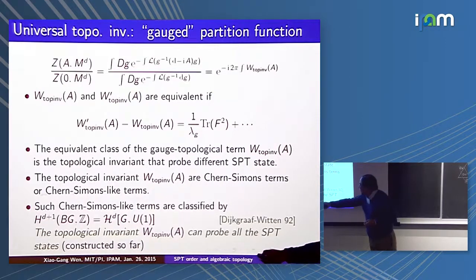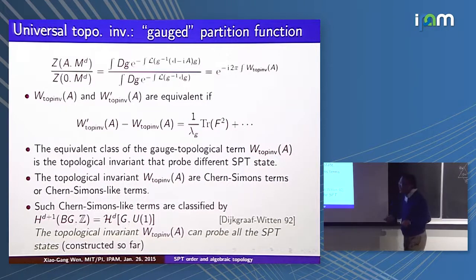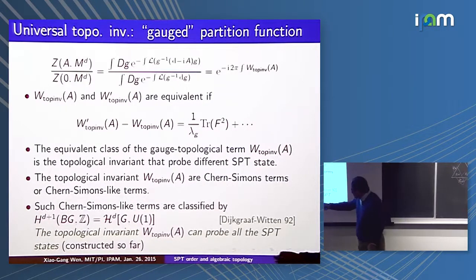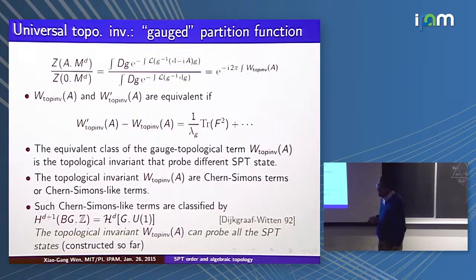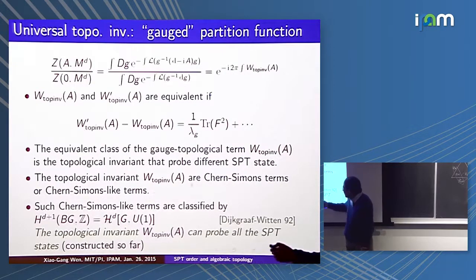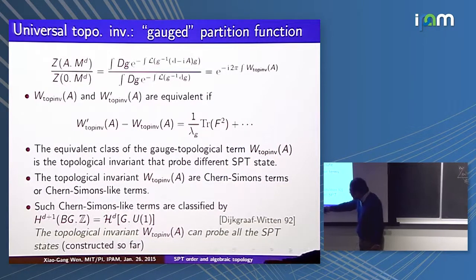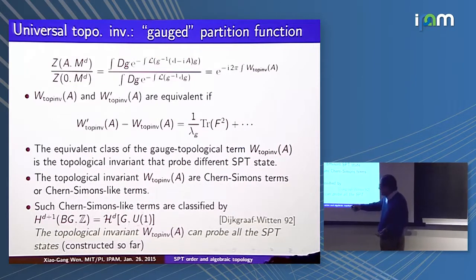So this is a Chern-Simons-like term, which was studied by Dijkgraaf and Witten. It turns out that this kind of term is classified by the integer cohomology of the classifying space in one higher dimension, which happens to be equal to the group cohomology with U(1) coefficients in one lower dimension.